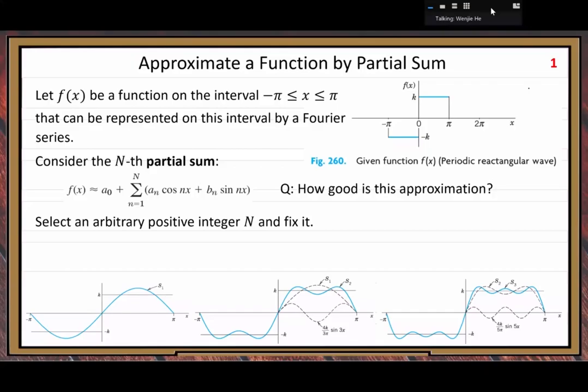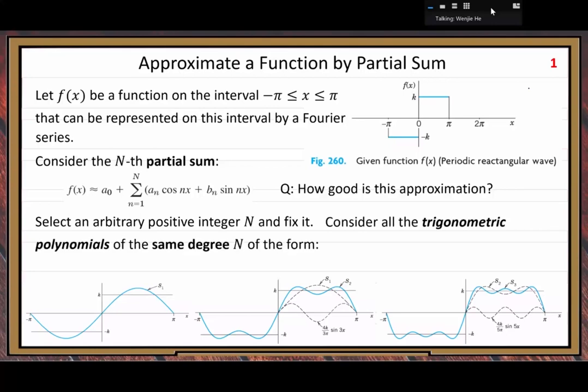So this time, let's consider how to do the approximation. Consider all the trigonometric polynomials of the same degree n of the form here.